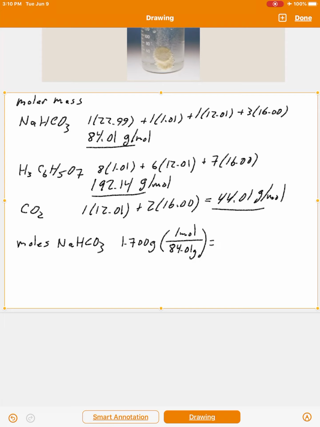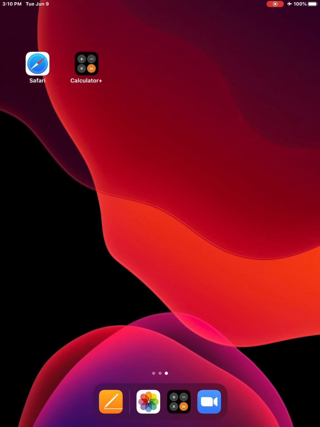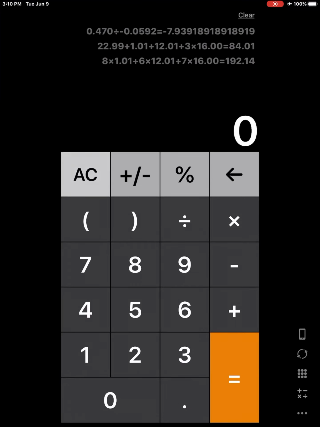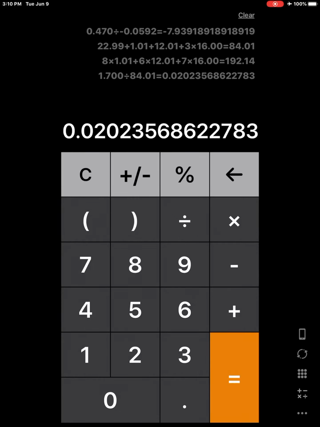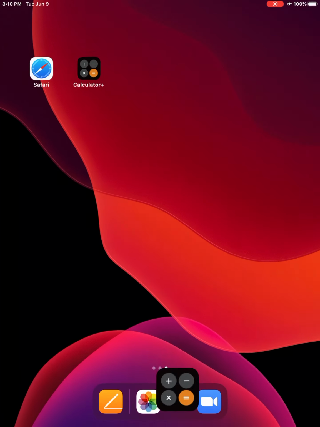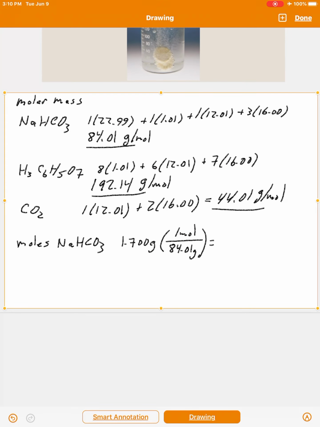So that's going to tell us how many moles of sodium bicarbonate we have: 0.0202. And that's sodium bicarbonate. Now we do the same thing for the second reactant, which is the citric acid.